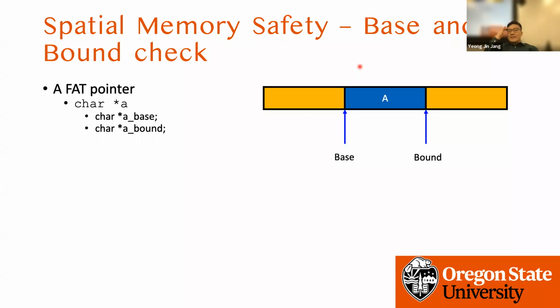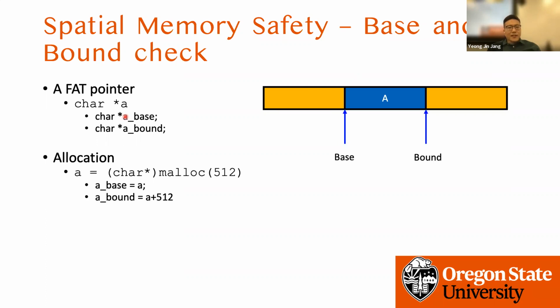Thinking of it as something we implement in the compiler, whenever there's a pointer, we can add a base and a bound. Don't care about the naming; we can use any kind of abstract name or pseudonym in the compiler, but I would like to conceptually deliver how it works. How we set the base and bound: suppose we allocate memory with malloc of 512 bytes.